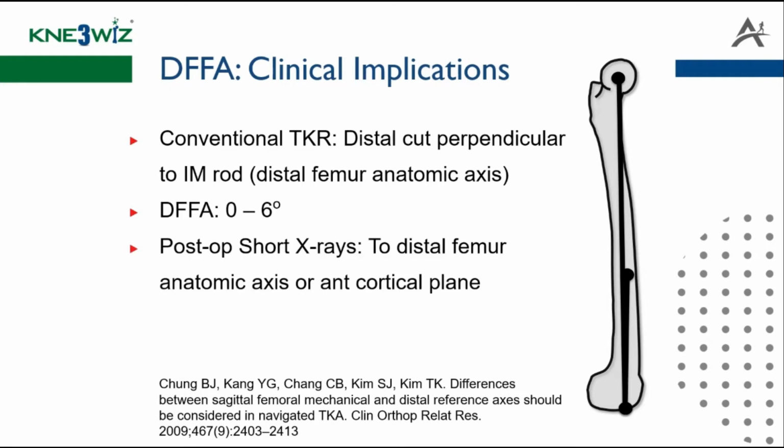Most post-operative X-rays are short films, and the component alignment is based on either distal femur anatomic axis or the anterior cortical plane. Here also, it is important to keep in mind that when the component is aligned to the distal femur anatomic axis, it is in 0 to 6 degrees of flexion to the mechanical axis depending on the femur bow.